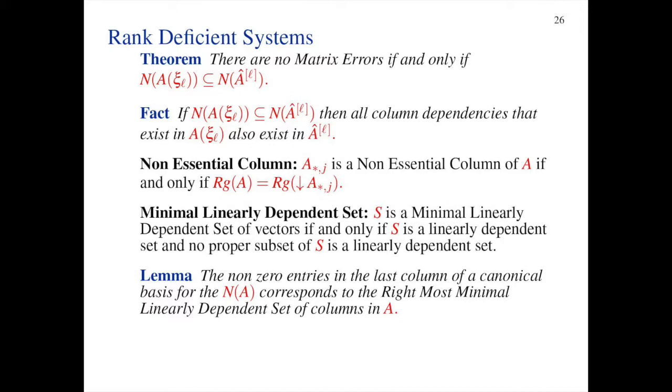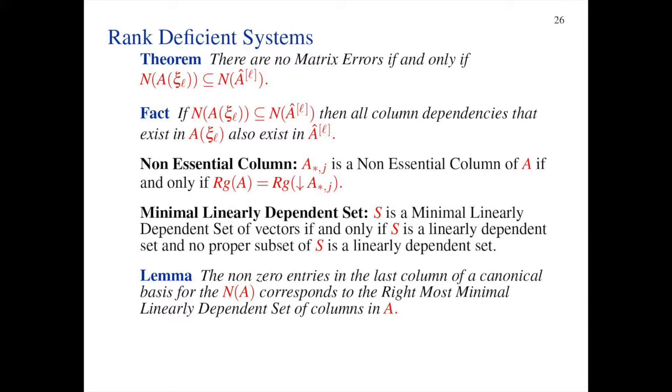Okay, so imagine you have a polynomial, a rank deficient system, and you compute the column echelon form. What we show is that the non-zero entries in the last column are actually the rightmost minimal linearly dependent set of A. Because remember, when you compute that column echelon form, you have the most zeros on top of the rightmost column.